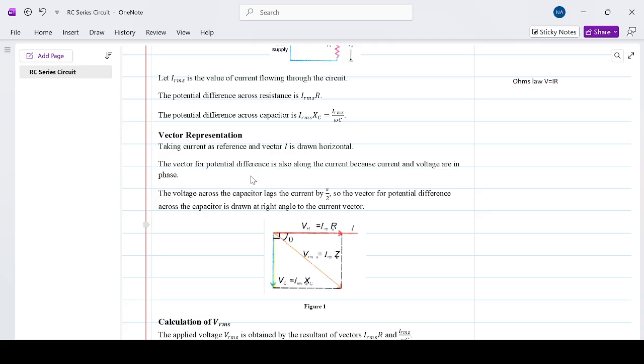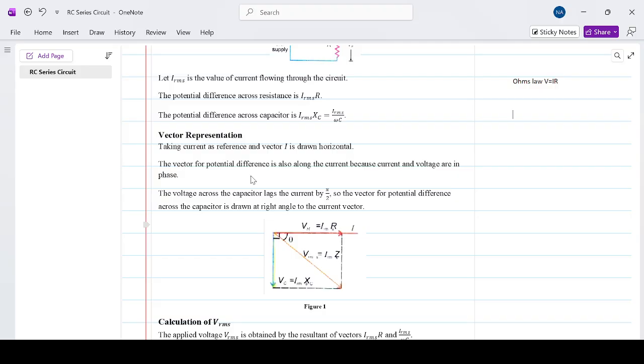This means that whenever we want to draw the vector diagram for a given AC circuit, we must have some reference vector. A reference vector is usually chosen by keeping in mind that this quantity should have zero value at t equal to 0, at the starting point, or at the time which we take as a reference. What is meant by the time as a reference?